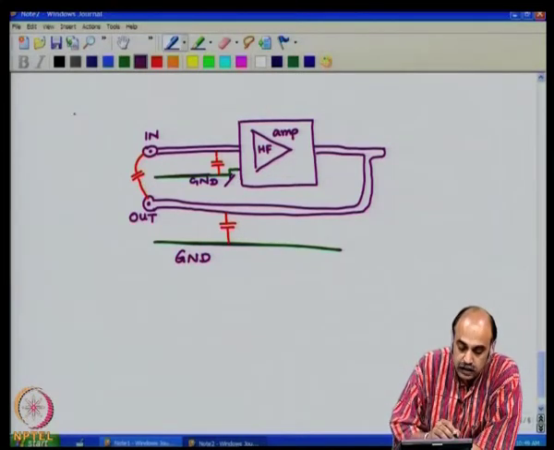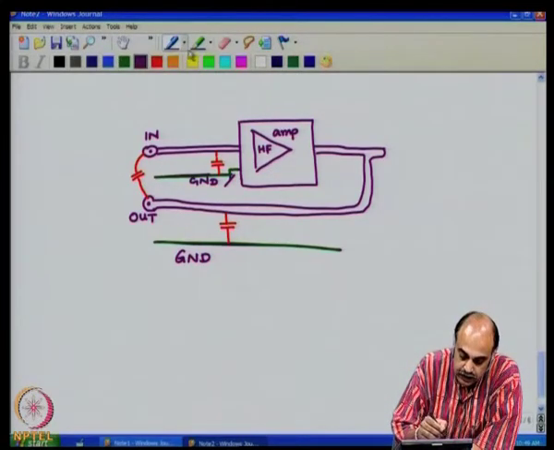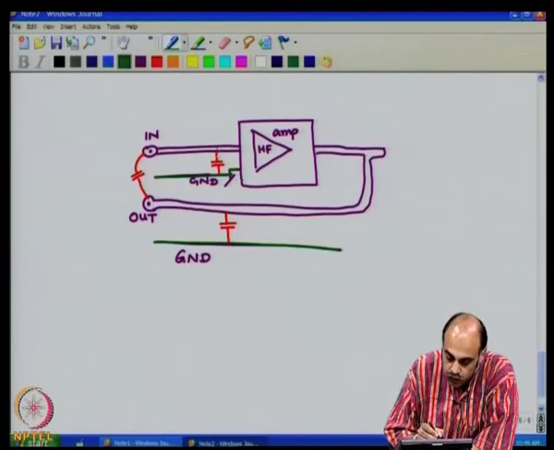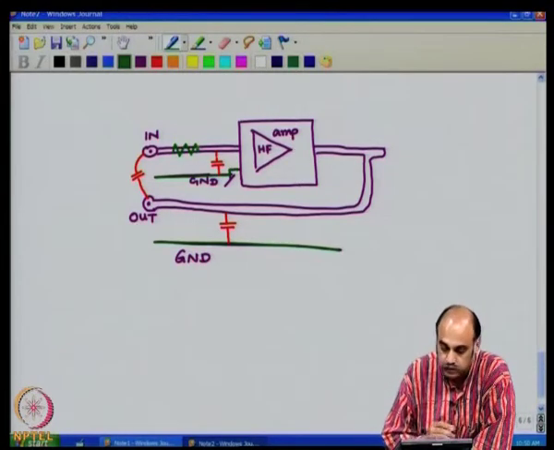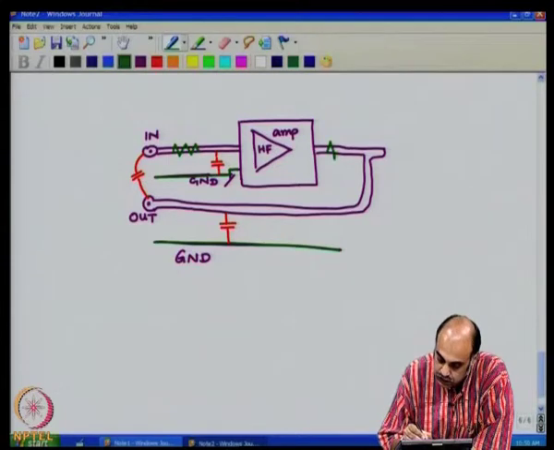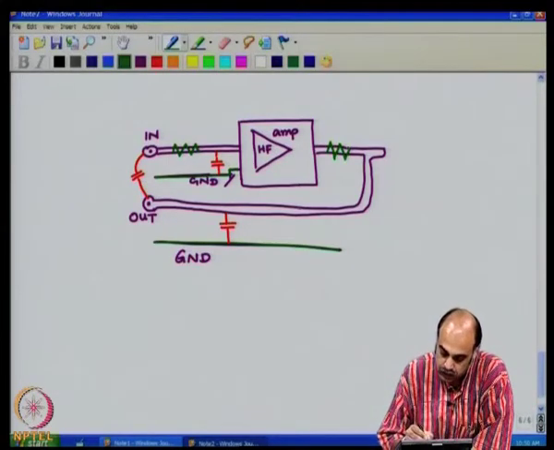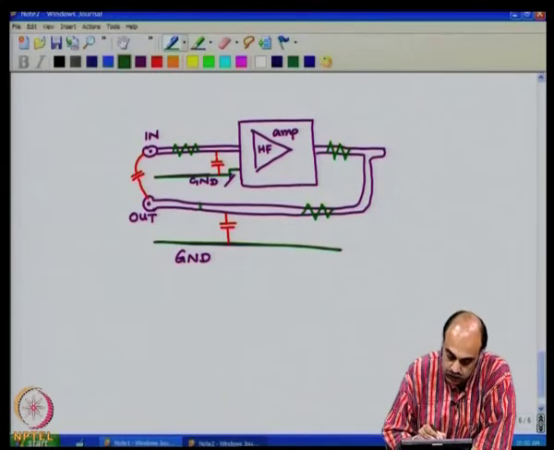But just taking these two non-idealities, due to the track resistance you could have a resistance here, a resistance here and here, and so on.